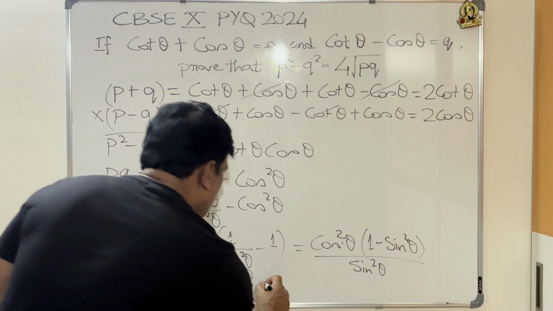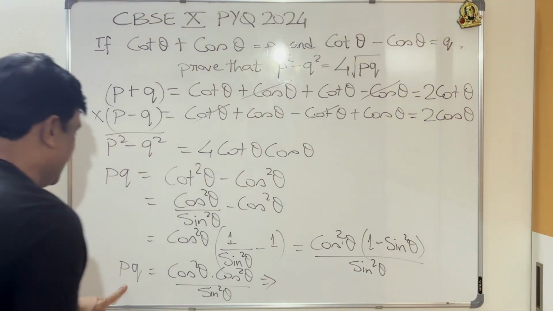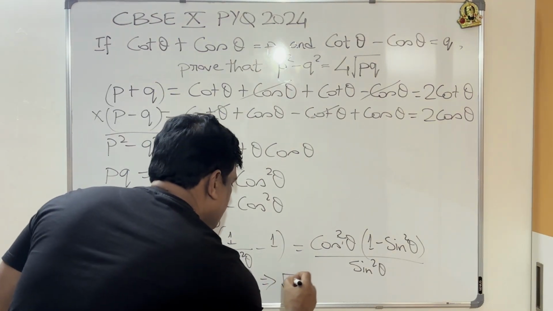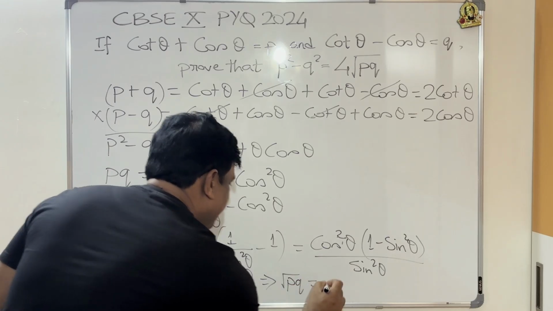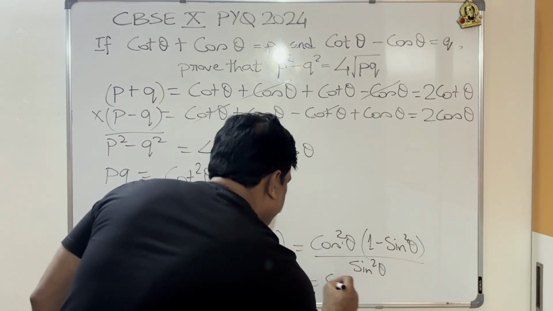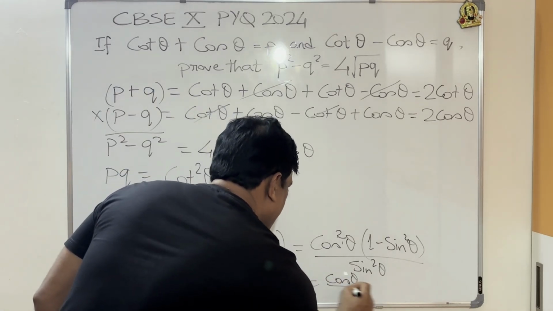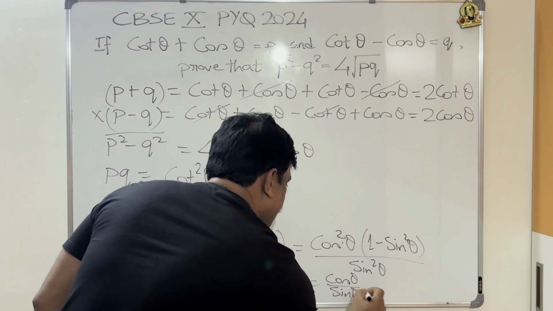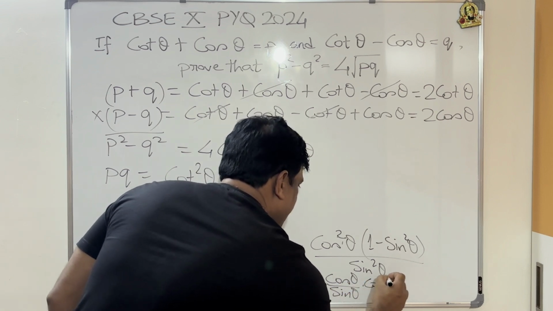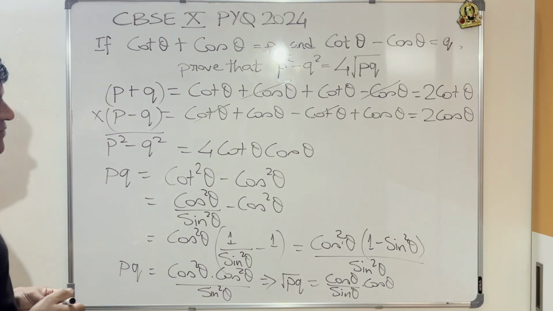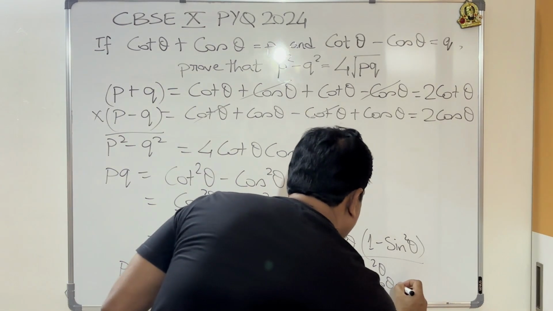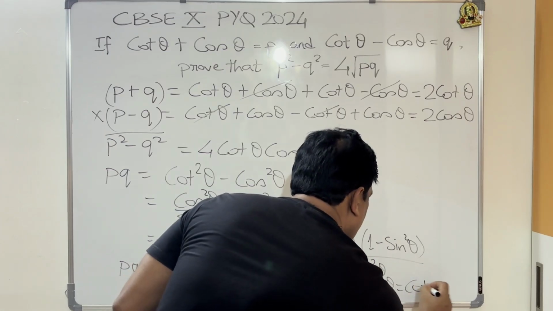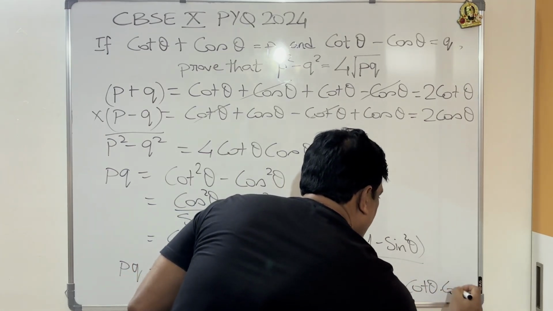When I take the root of PQ, how can I write this? This becomes cos theta by sin theta into cos theta. Look at it. So that is equal to nothing but cot theta times cos theta.